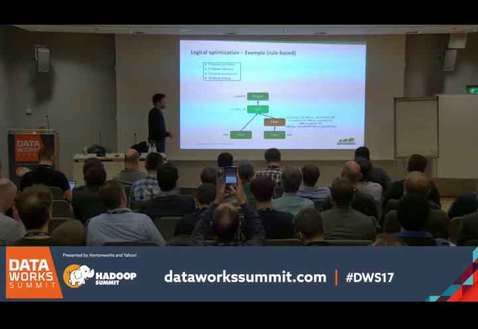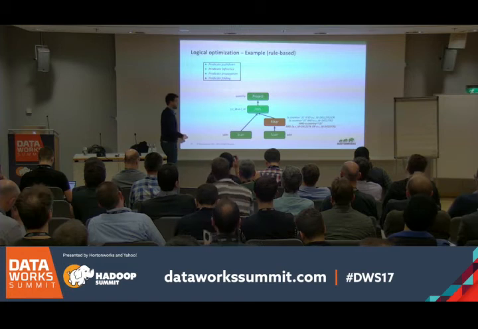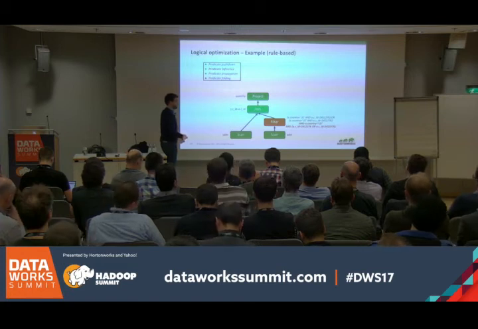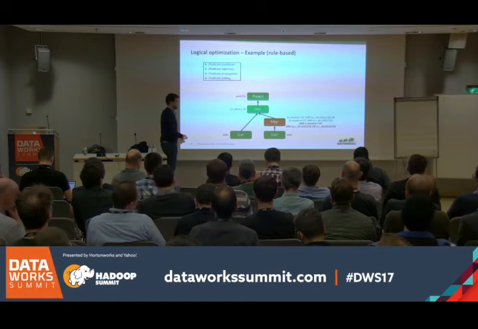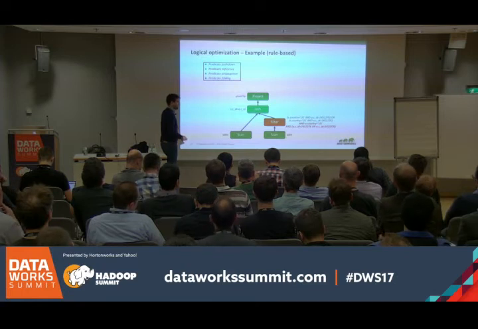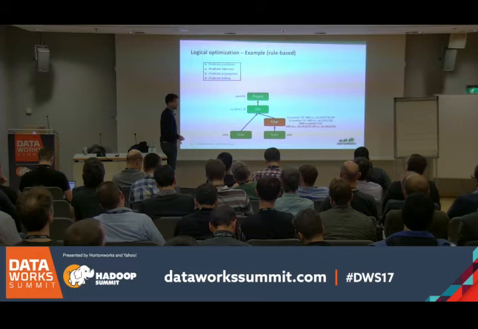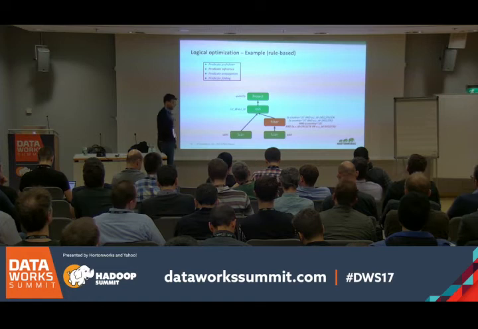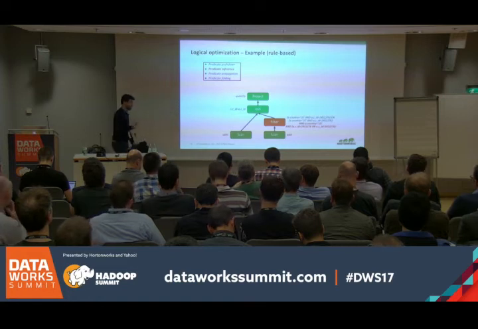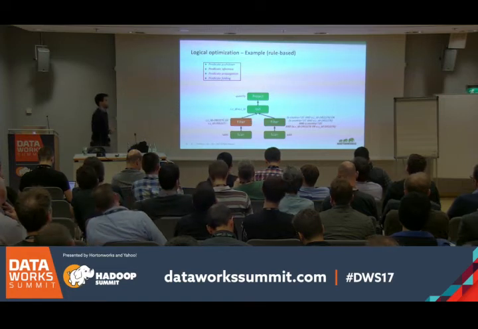Now inference will kick in. Basically, you can infer additional predicates that should be true on this table scan. In particular, we know that if in both cases the country should be the US, here it should also be the US, and here we can also include these conditions. So we infer additional conditions that will help us through the optimization phase.